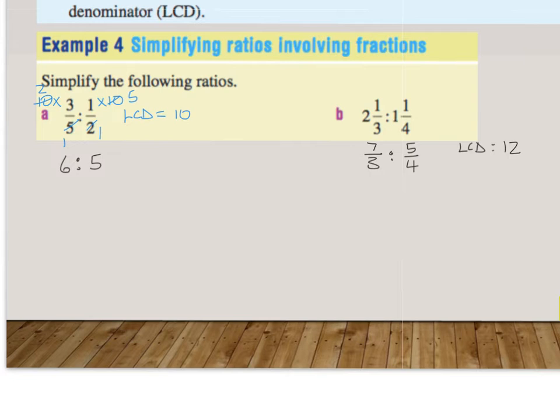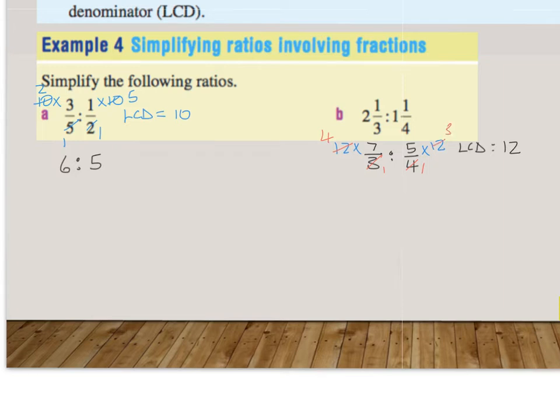I multiply both sides by 12. And we'll see then that 3 goes in itself once, and 3 goes in 12 4 times. 4 goes in itself once, and in 12 3 times.